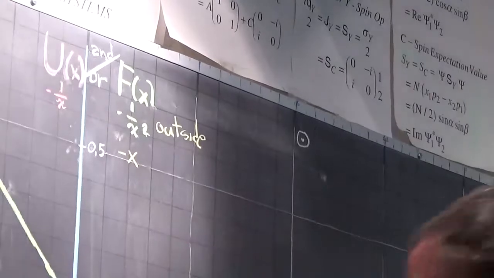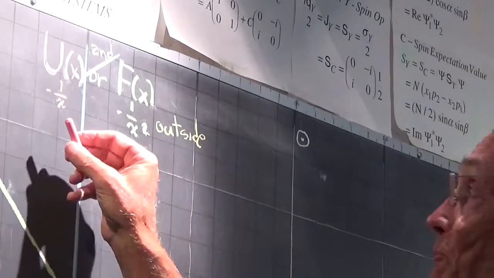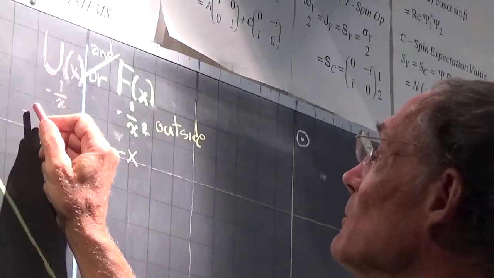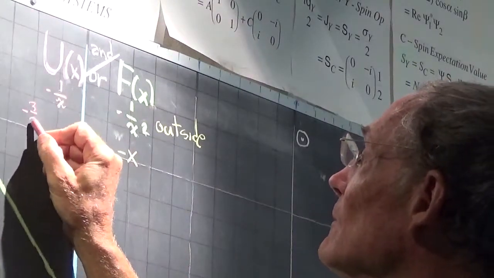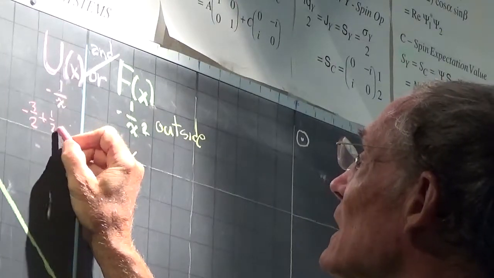And then this potential becomes minus 3/2 plus 1/2 x squared.